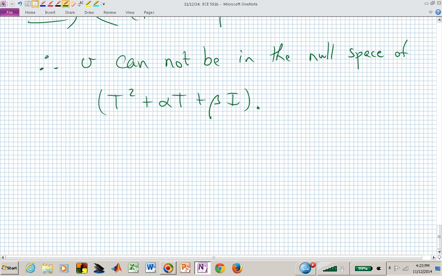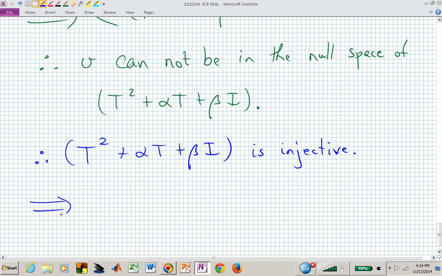Or what was stated in class just now is that t squared plus alpha t plus beta I, if it only possesses a trivial null space, then that operator is injective. And if we have an injective operator, there's some relationship between injective, surjective, and invertibility, isn't there?